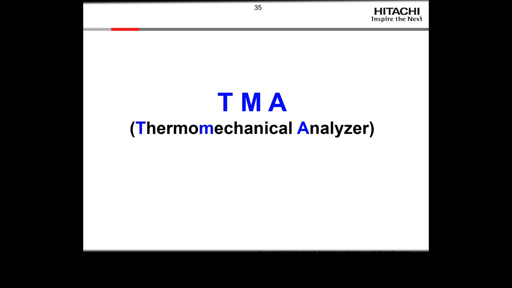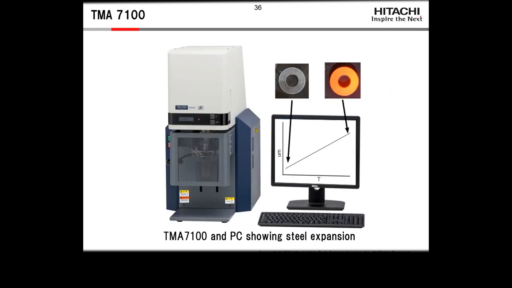Alrighty, the third technique, and now we're starting to talk about techniques that are about 10 to 15% of the marketplace, is thermomechanical analysis. And here is a TMA 700 showing the expansion curve for steel heated from room temperature, where it's gray, up to about, I think this was 900 C, to get this nice red color.